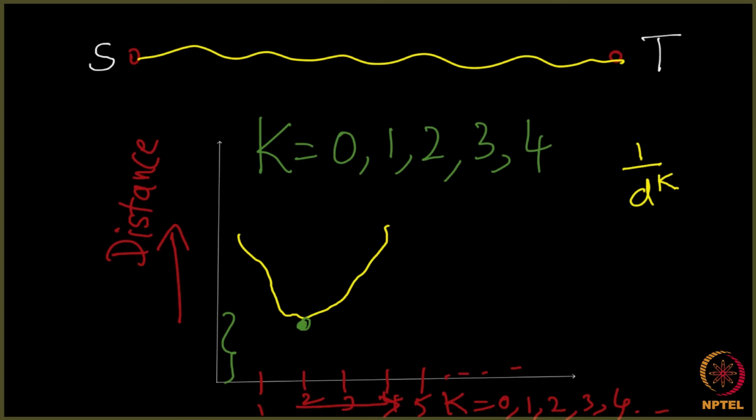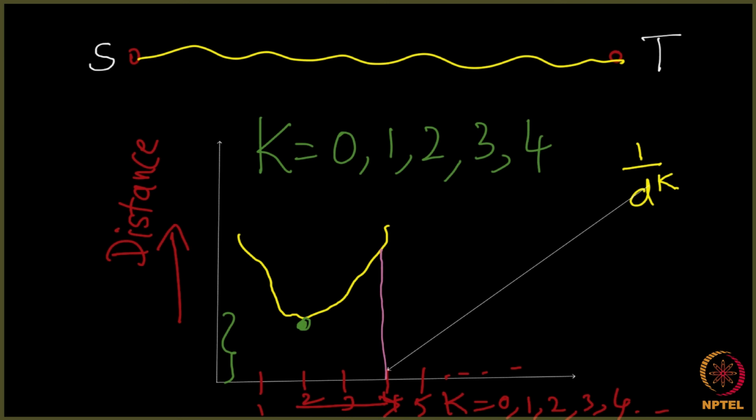When k is, let's say, 3, the distance is slightly more, as you can see. When k is, let's say, 4, then the distance is a lot more. I hope you are understanding what I mean by this distance. By this distance, I mean the path length of the process.